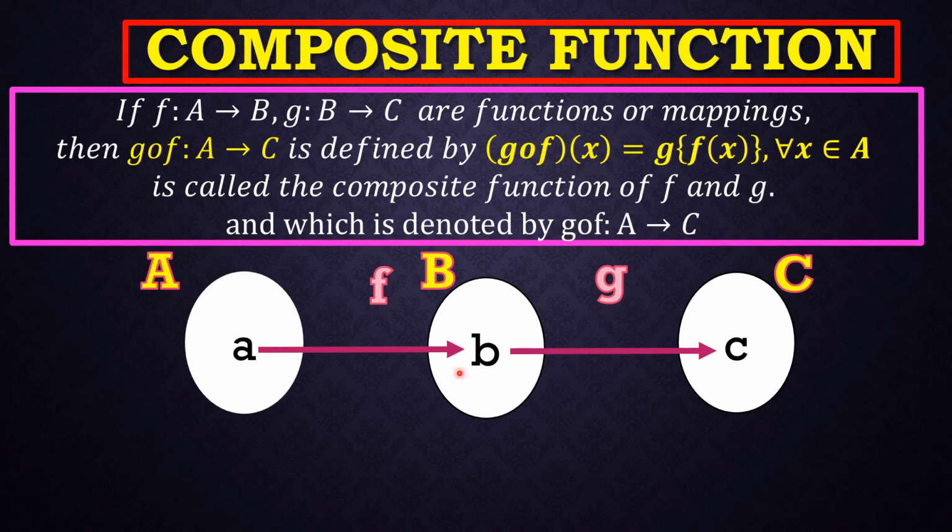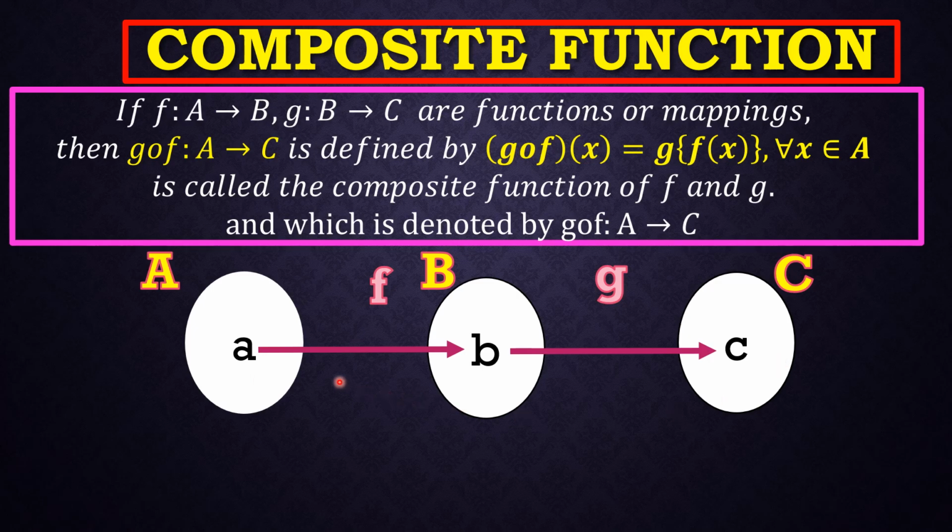So here we observe a is related to b and b is related to c. Now we can define the composite function g circle f, a mapping from A to C. Clearly a is always in the set A, c is always in the set C. The relation between A and C, that is a is associated with c.